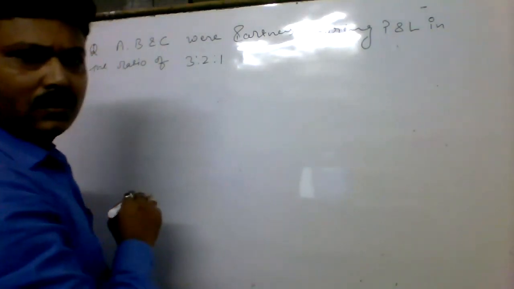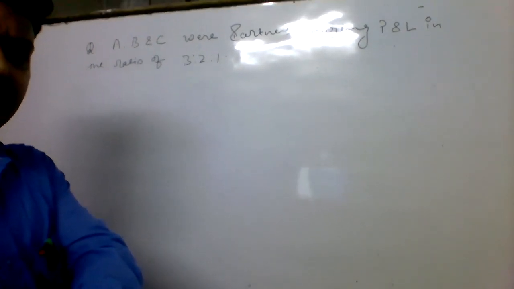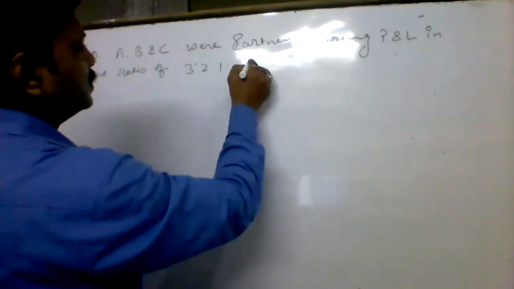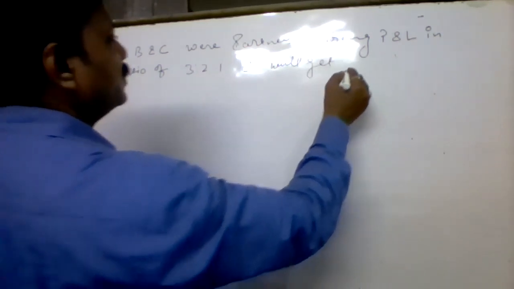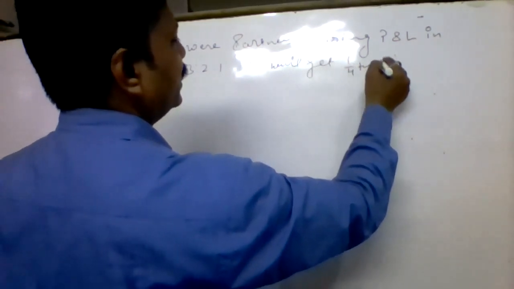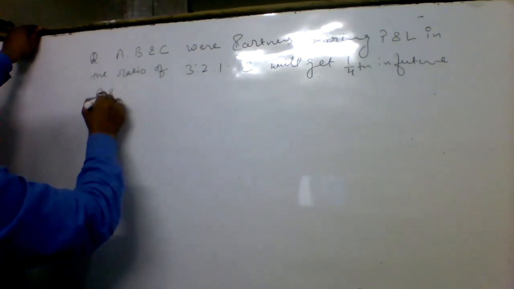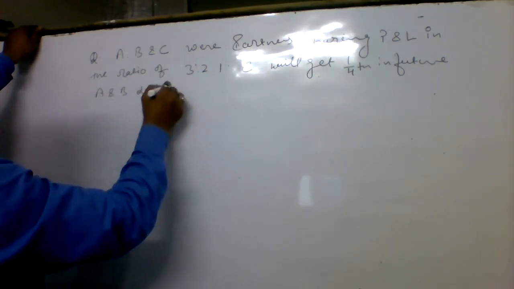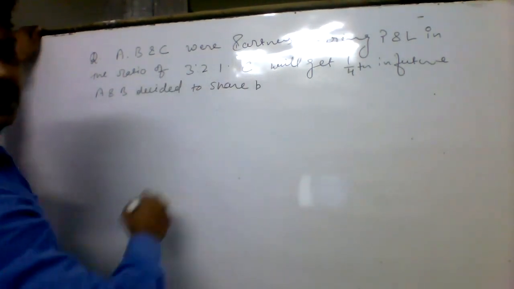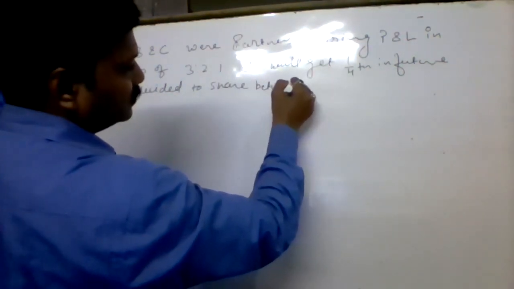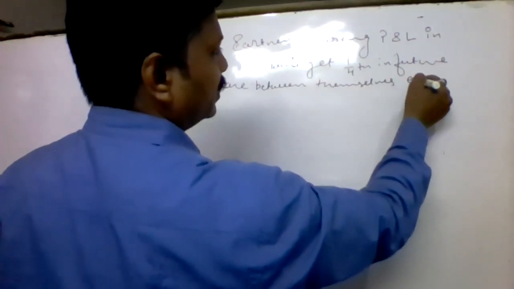Now C will get 1/4 in future, and A and B decided to share the remaining between themselves equally.